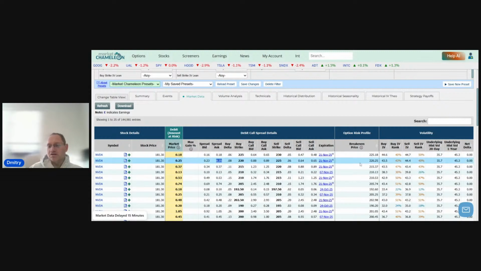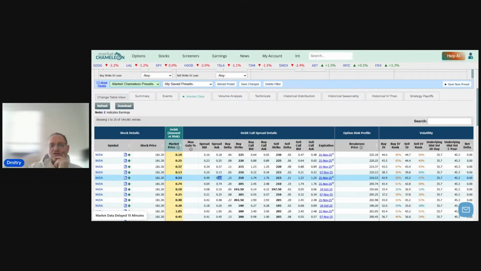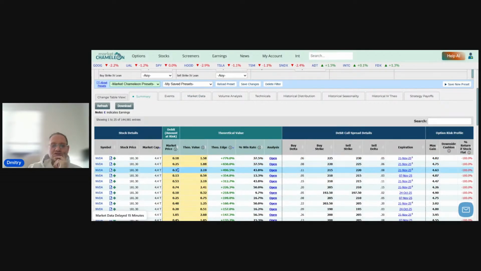If we're looking at a debit call spread, buying it, we're looking at it initially as, what is the displayed ask price people are willing to sell it for? Let's evaluate that price, the market price. So let's come back here. You can see these are the ask prices.